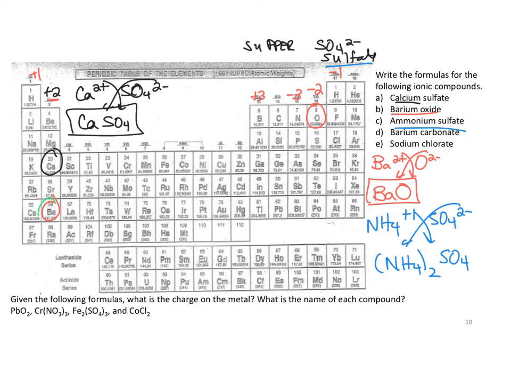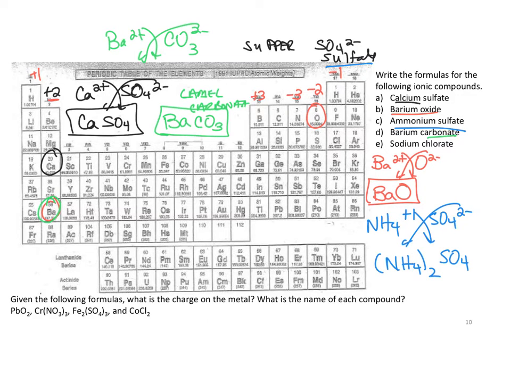Barium carbonate, well, we have barium. You know, barium is a 2+. And then carbonate comes from, remember the camel? That's carbonate. That's going to be CO, 1, 2, 3 oxygens, 2 vowels. So that's barium carbonate. And then when you cross over, those will cancel out to reduce terms, and there's barium carbonate.